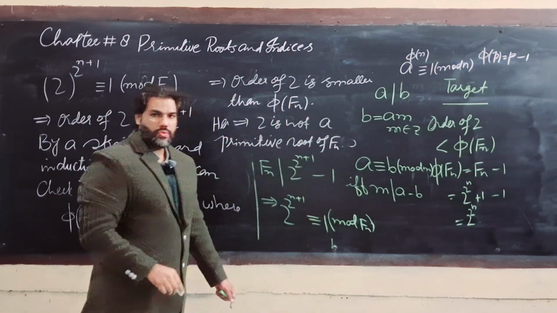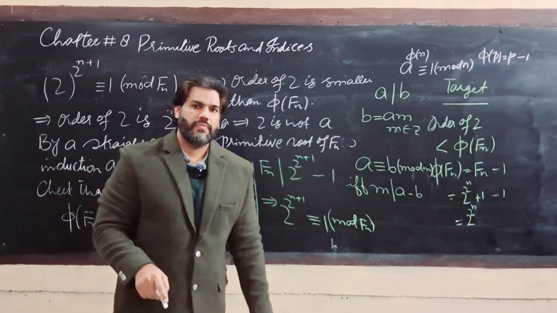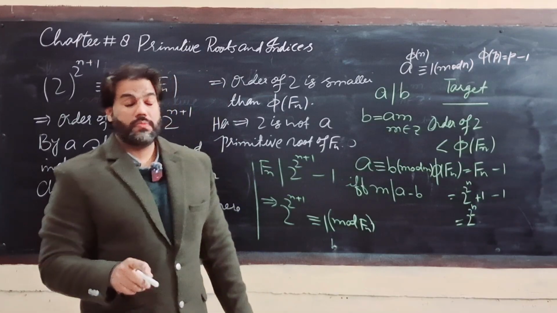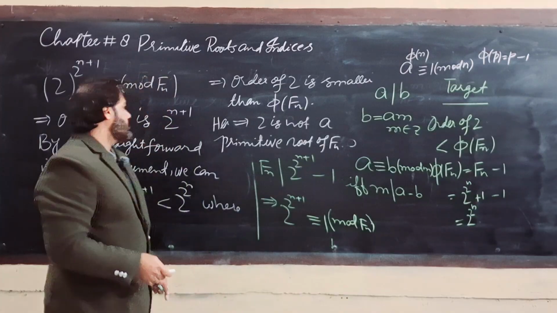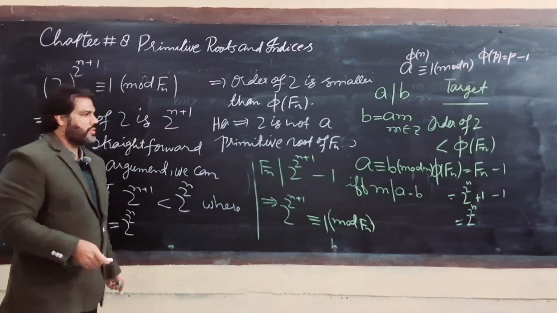Hence 2 is not a primitive root of Fn, because the definition of primitive root says its order must be equal to phi of Fn. But this is not equal to phi of Fn, this is equal to 2 raised to power n plus 1.